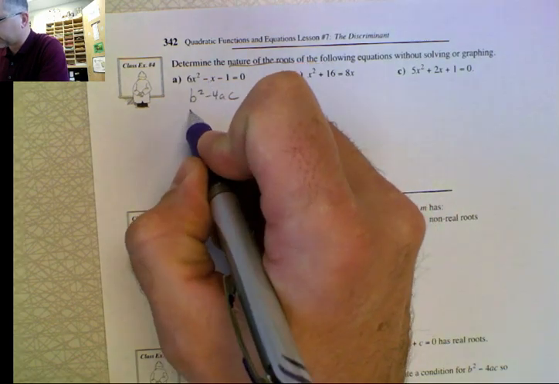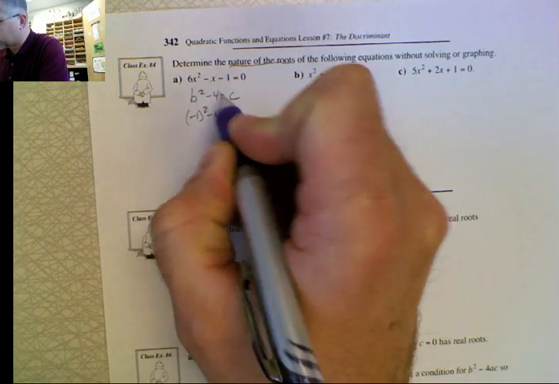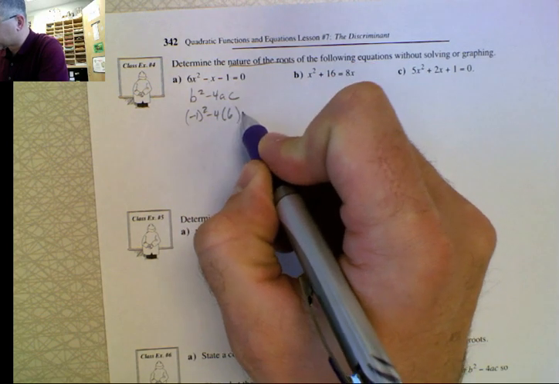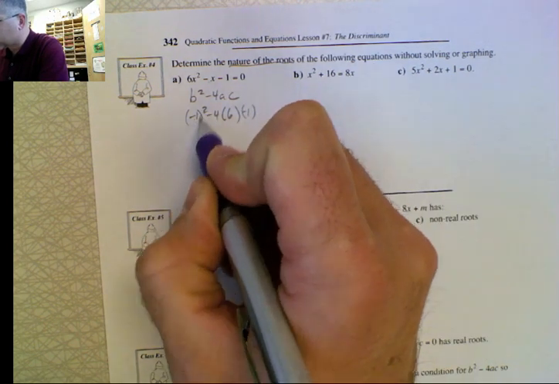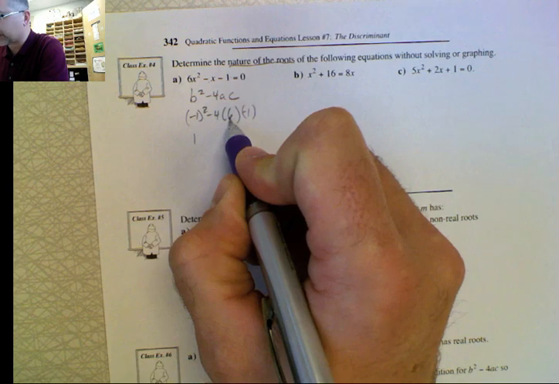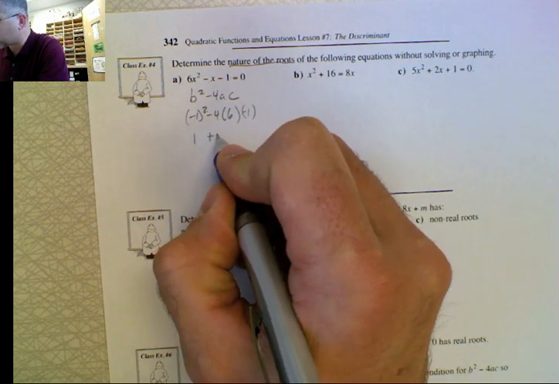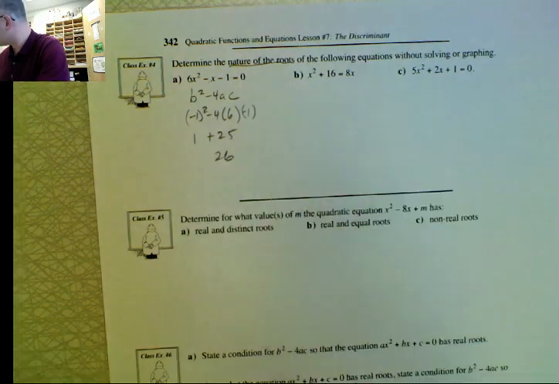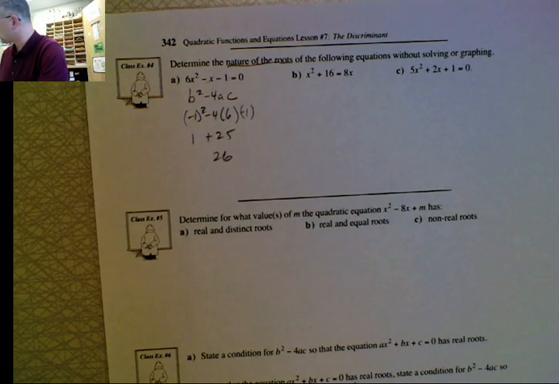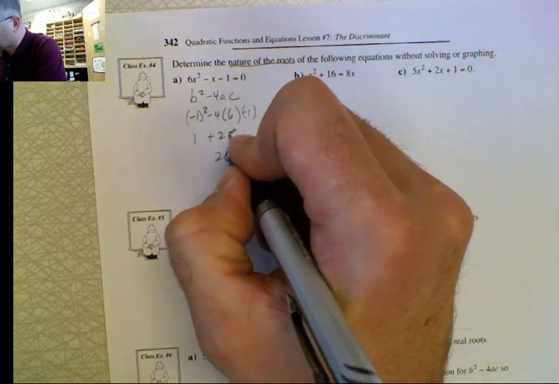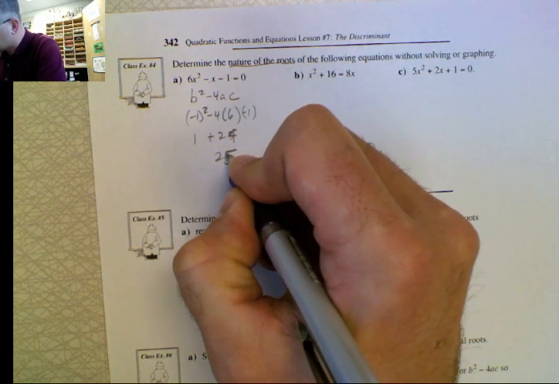Well, b is negative 1, a is 6, and c is negative 1. So negative 1 squared is 1. Negative 4 times 6 is negative 24, and negative 24 times negative 1 is positive 24, plus 1 is 25.